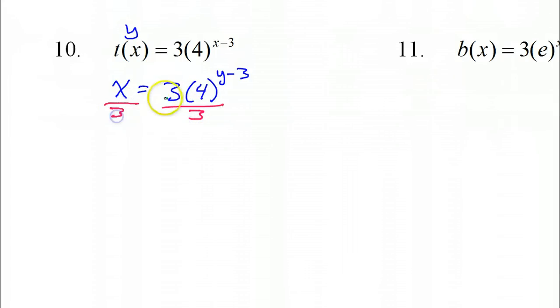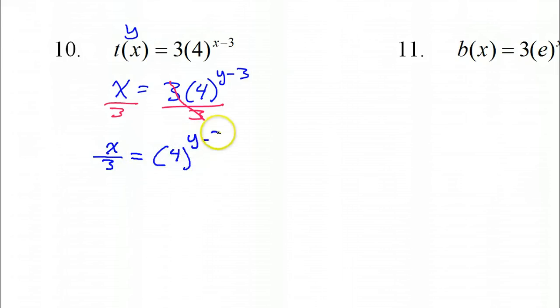That gives us x over 3 is equal to 4 to the y minus 3 power. Now that the base and power are alone, we can write it in log form. Starting with the base, we will write log base 4, and then these two are going to switch places.